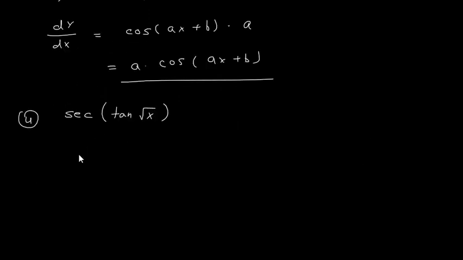Your fourth problem is y is equal to sec of tan of root x. Now if you see here, we have a composite function in which three functions are involved. The first function is sec, the second function is tan, and the third function is square root.